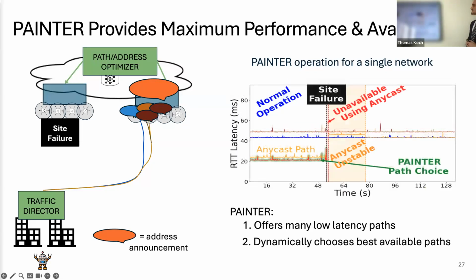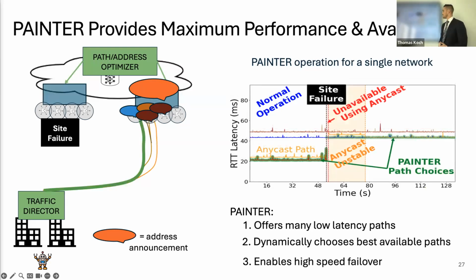Well, here that occurs after about a second of complete unavailability and 30 seconds of network instability, which isn't great given that these are really critical applications running in possibly tens of thousands of networks. Painter, and the traffic director on the other hand, instantly detects this failure and shifts traffic to the next best path, the backup blue path. So it's providing maximum performance and availability.